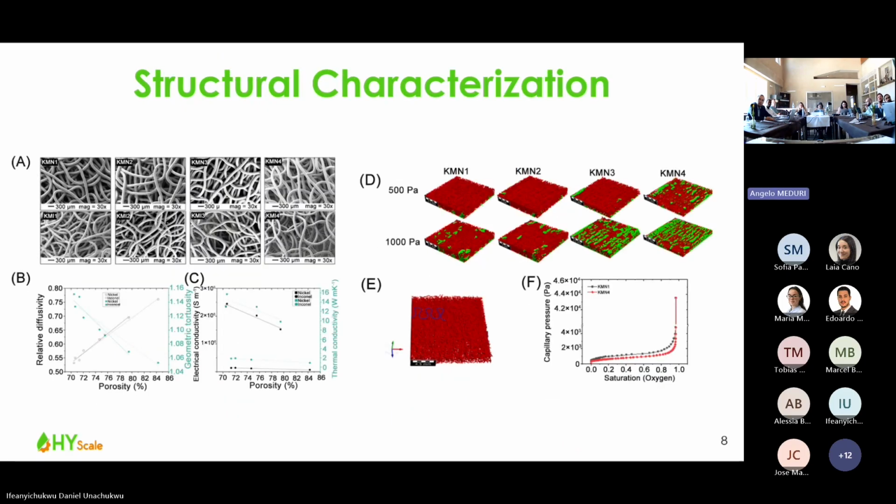For the structural characterization, SEM images are shown on A, and you cannot see too much because the fibers are just too big. The only thing you maybe can see on knitted mesh 4 on the right side is that you can already see through the structure. That means the porosity is so high that also on the curves on B, we can see that the tortuosity goes close to 1.